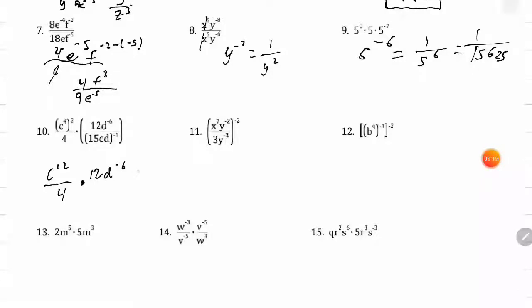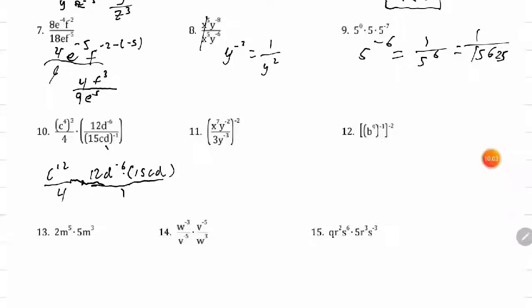So what's going to happen is I have that 12d to the negative 6. And then here comes that 15, so times 15cd. Okay. So 12 times 15 is going to be... Actually, so nothing's in the denominator here. So since everything's being multiplied, I'm just going to connect this. So everything is getting multiplied up top. Everything down there is getting multiplied.